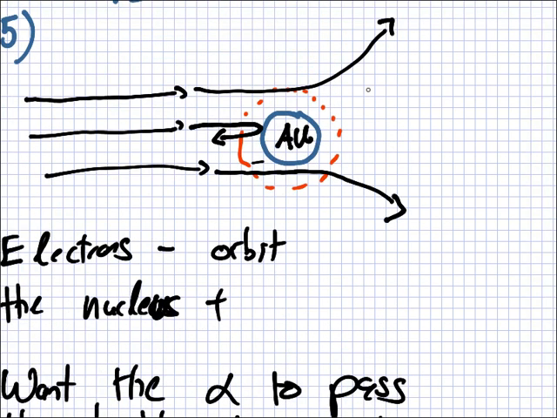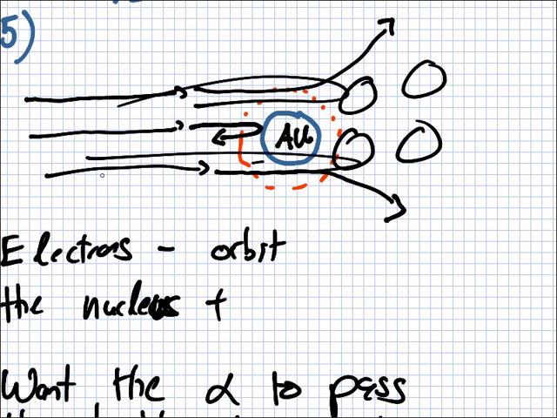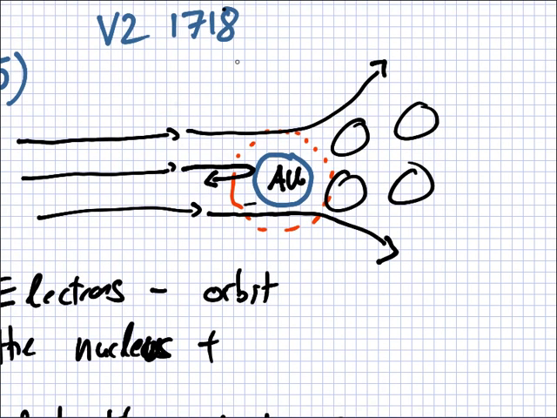If you have too much gold, then all the particles will come backwards and you won't really know what's happening. What Rutherford was able to do was measure these angles, and using a lot of complicated maths, work out what the structure must be.